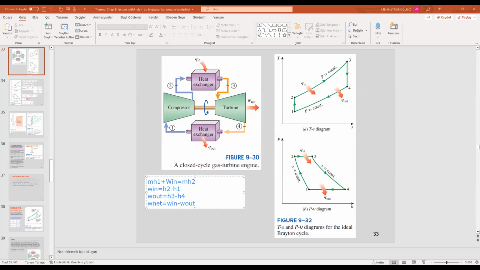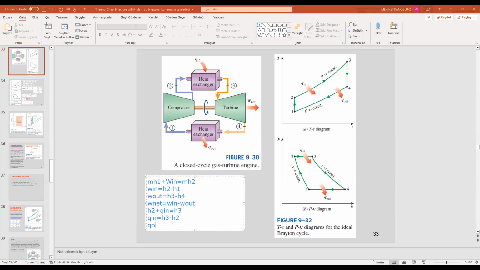How about heat input? Heat input is equal to h3 minus h2. For the heat exchanger, if you write an energy balance, energy entering by mass per unit mass is h2 plus Q in, equal to energy leaving by mass, h3, and from here Q in is equal to h3 minus h2.